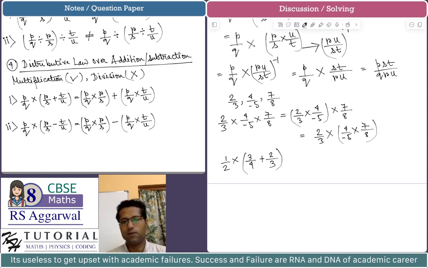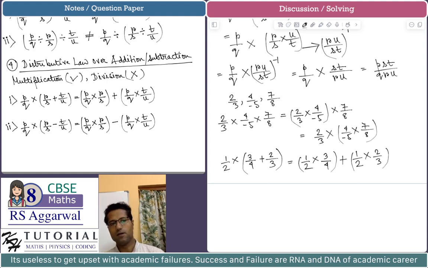then you can distribute the multiplication over the addition, which basically means this will be equal to, first you multiply half with the first rational number in the addition operation, and then you add the result with the multiplication of half with the second rational number in the addition operation. So this rule is the distributive law of multiplication over addition.